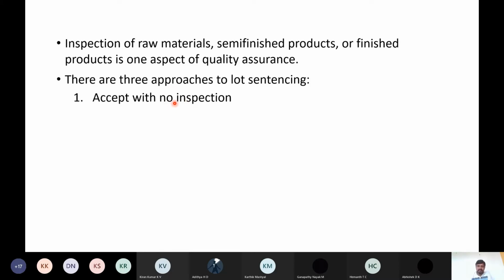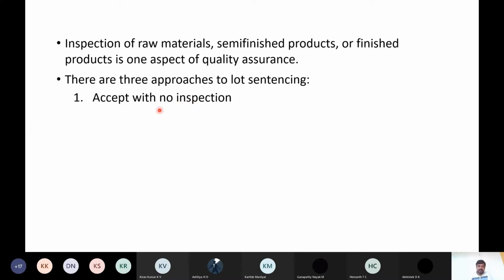If you are confident that your supplier at any cost will not supply defective or poor quality materials, then you can go for acceptance with no inspection.